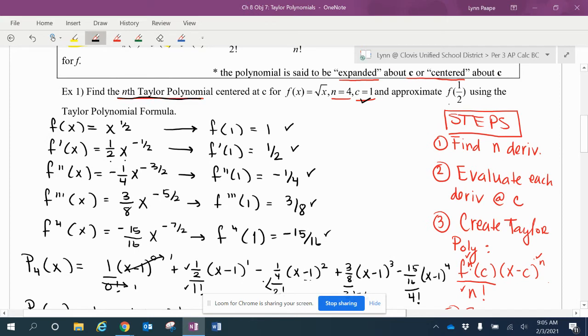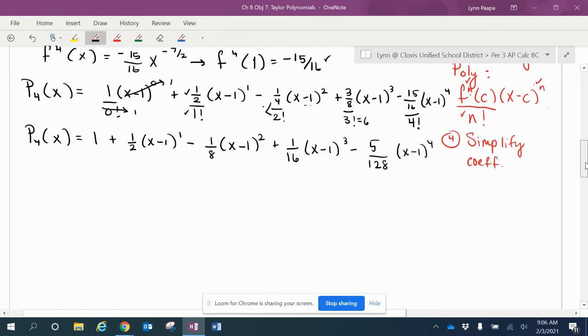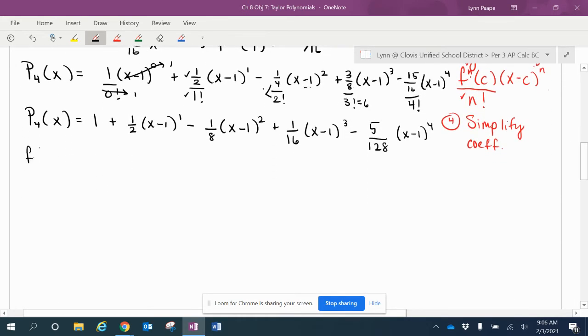And now we want to use that to approximate f of 1/2, meaning the square root of 1/2. So the square root of 1/2 is about, and now I'm going to replace all of my x's up here with 1/2.